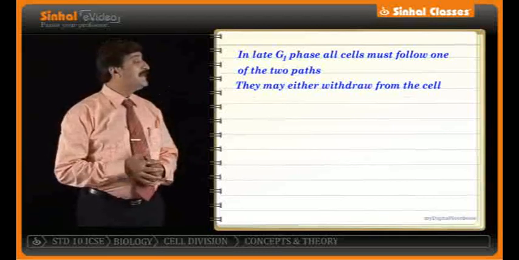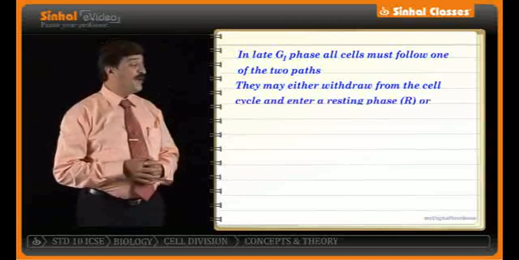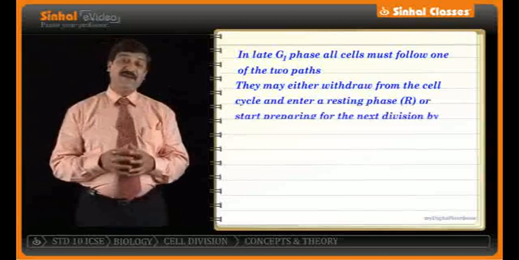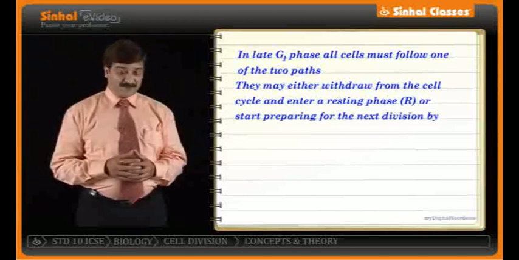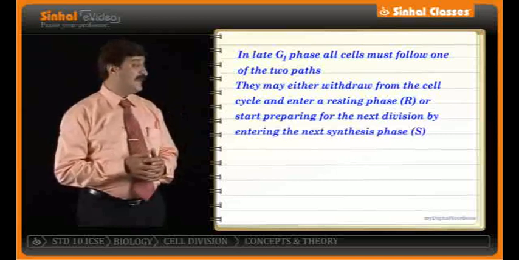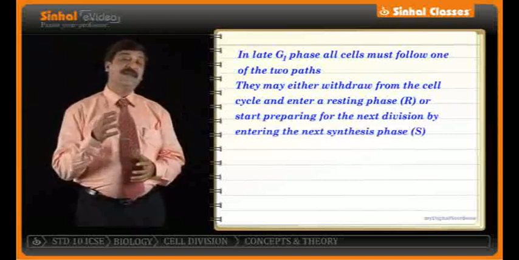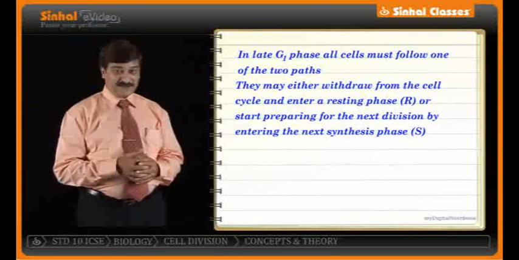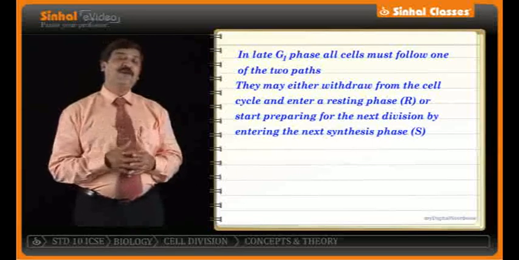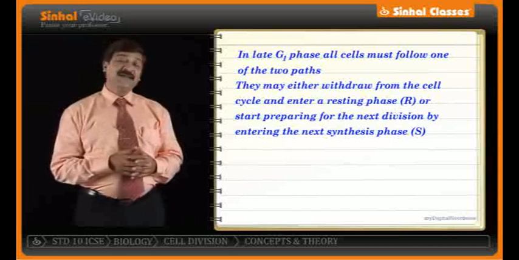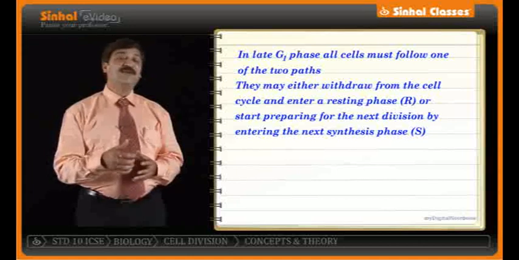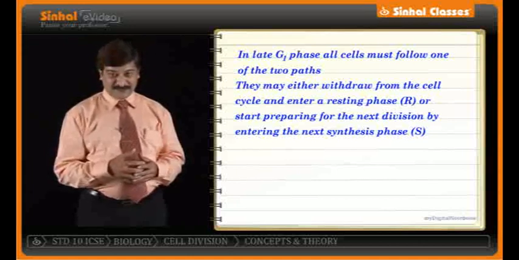The first is that they may either withdraw from the cell cycle and enter a resting phase represented as R, or start preparing for the next division by entering the next synthesis phase, which is S phase. So the cells can either go into a resting phase or go into the synthesis phase.